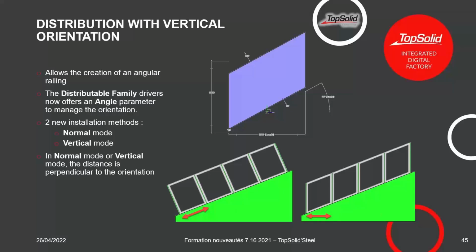And if you've ever used the distribution duplication method in our assemblies, it was missing something very important, which was a vertical mode. So again, we're making a railing going up an inclined plane, and the railing pieces are coming up perpendicular this way, which is not what you want. You want them to be relative to this axis. So now the improvement is you can do that.